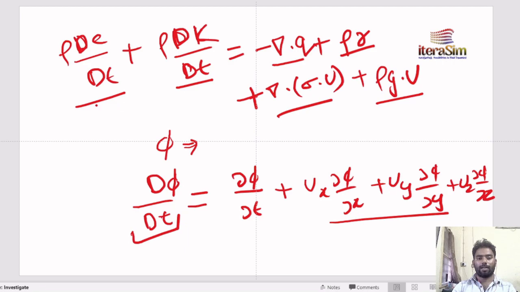Similarly, we can write these two terms with the same approach.